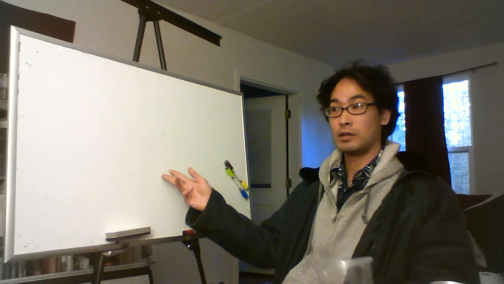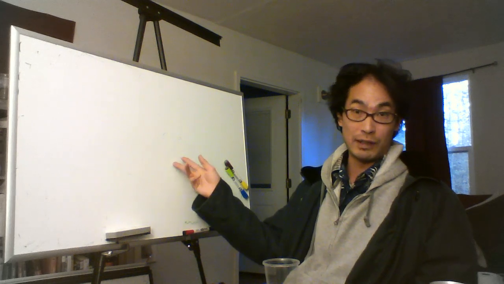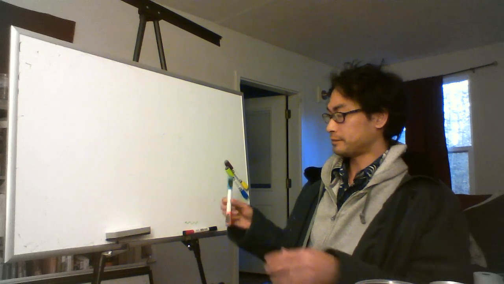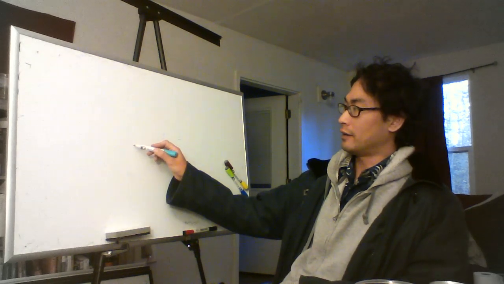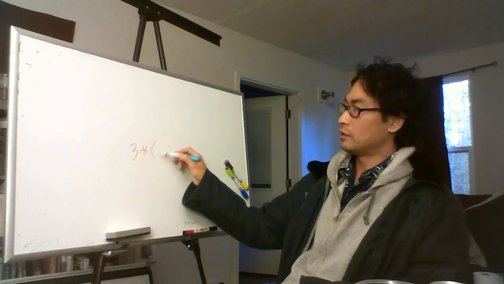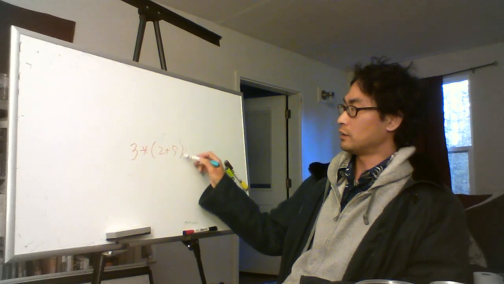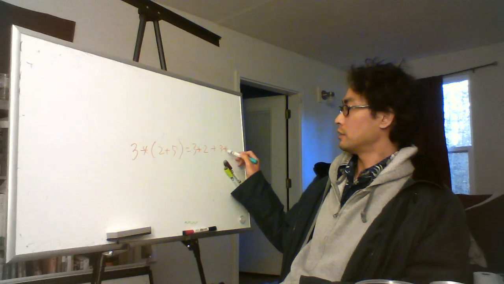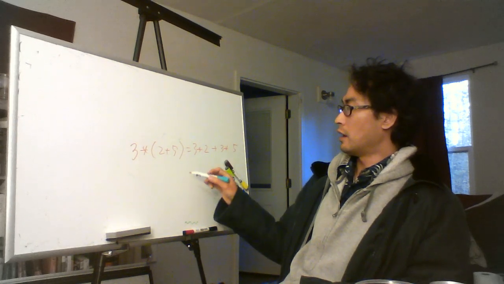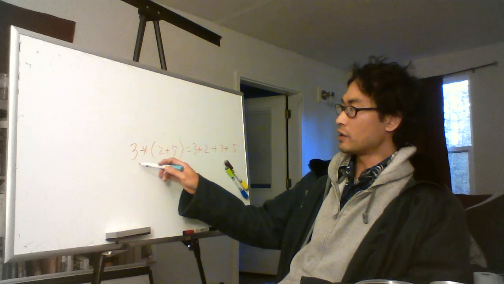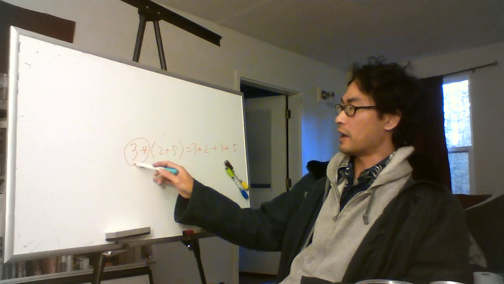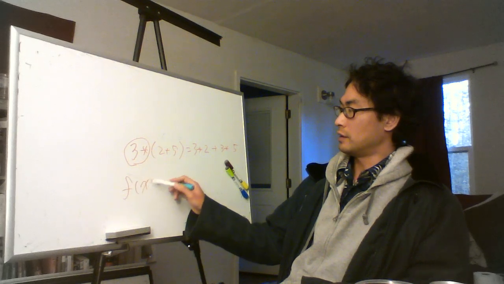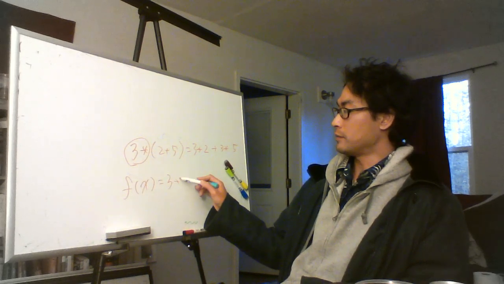Distributiveness is a particular kind where the two operators in homomorphism are the same operators. Like multiplication being distributive over addition. Like 3 times (2 plus 5) is equal to 3 times 2 plus 3 times 5, right? This function, let's say f of x is 3 times x.